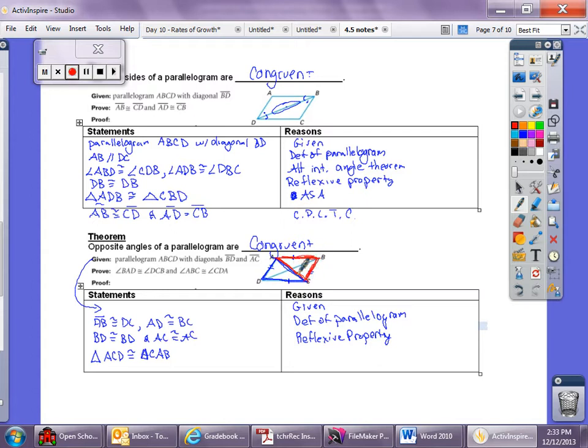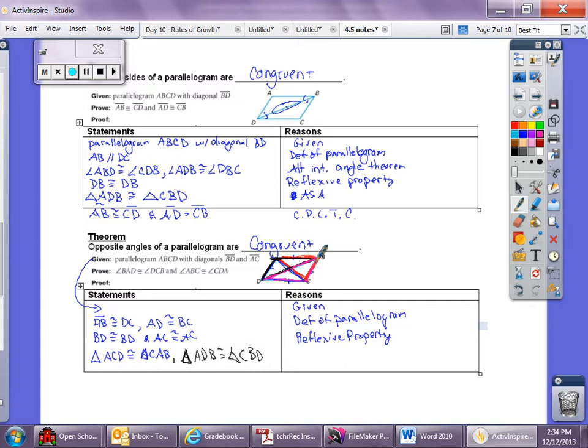And we can also say that triangle ADB is congruent to triangle CBD. So triangle ADB, so that's that triangle, is congruent to this triangle.